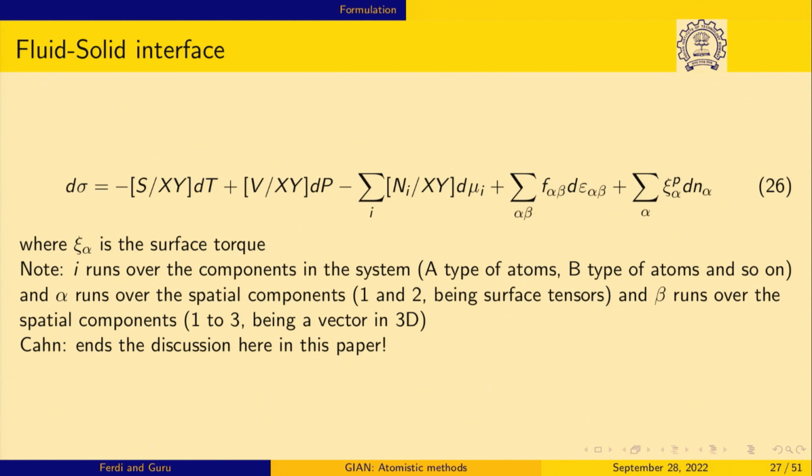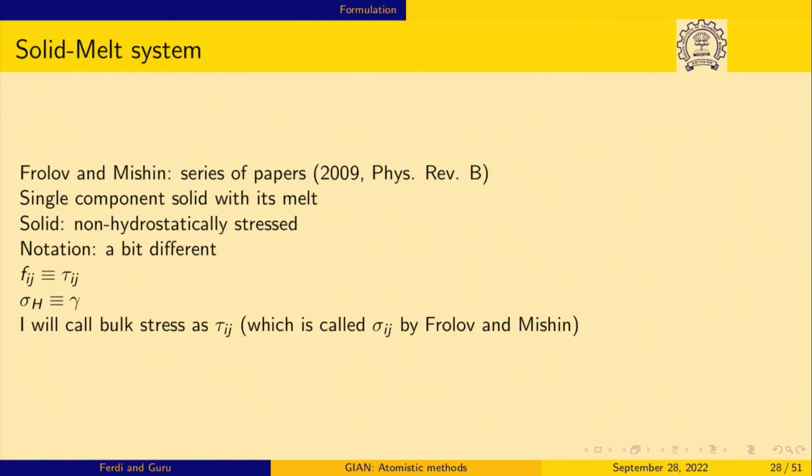So, any change in the interfacial energy is accounted for by itself, by not taking this into account, but at least the epsilon 1 1, epsilon 2 2, epsilon 1 2 etcetera you can keep constant. You have to keep them constant if you are taking a variational partial derivative, okay, and that is where the problems are. So, that is what was done by Frolov and Mishin in 2009.